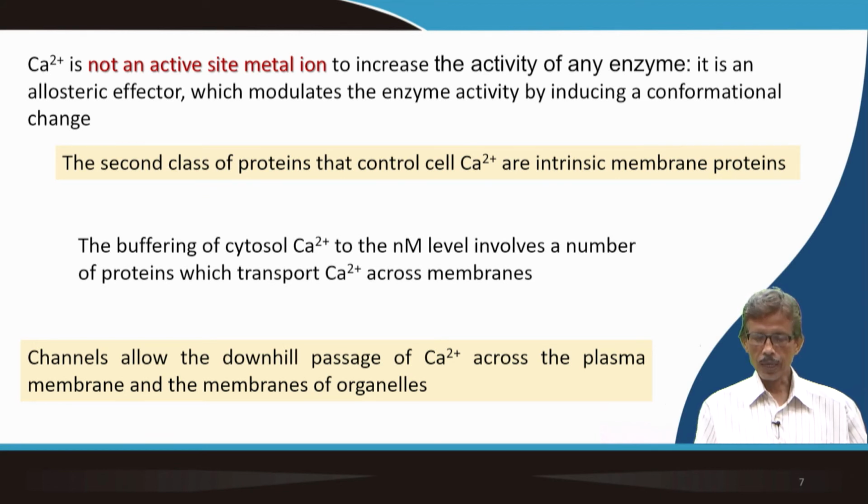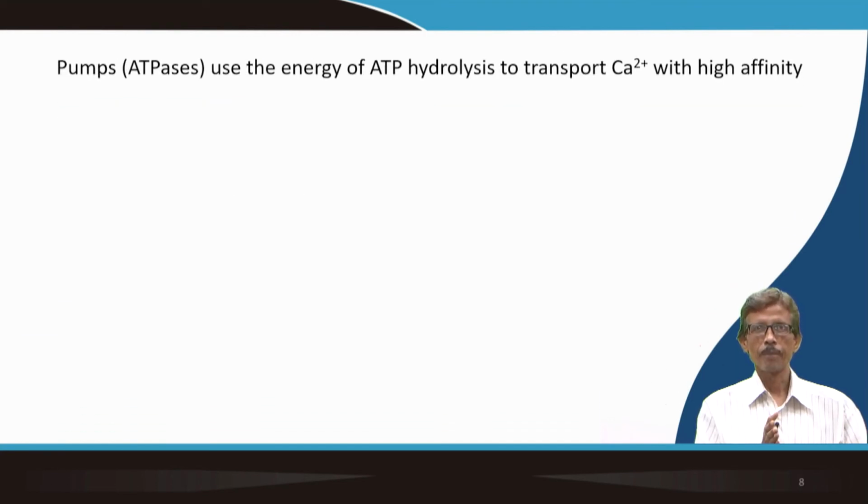So, the different organelles have membranes and these membranes can allow the passage of calcium ions, like the passage of sodium and potassium ions, throughout the membrane barrier. After channels you have the pumps. We have already learnt about sodium ion and potassium ion, where you have channels and where you have pumps.